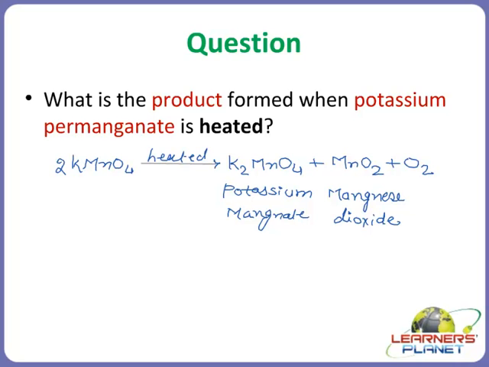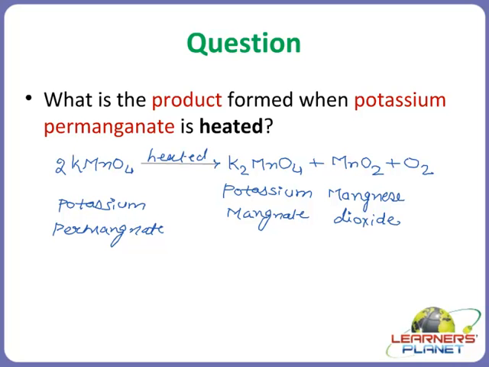And oxygen. And what is KMnO4? It is potassium permanganate. So these are the products formed when potassium permanganate is heated.